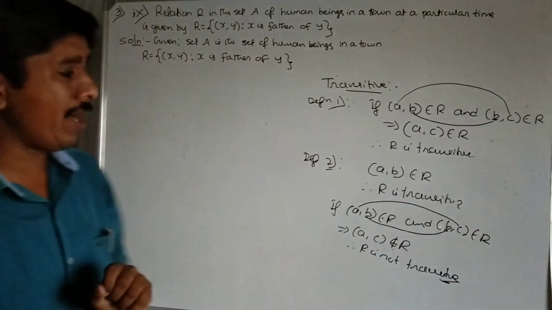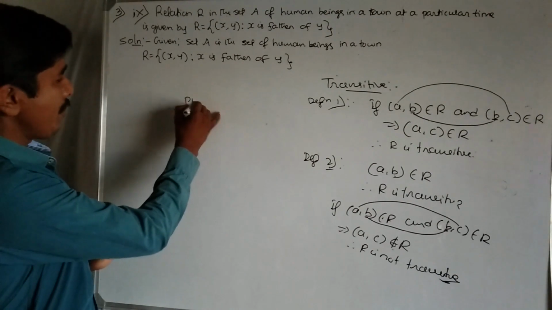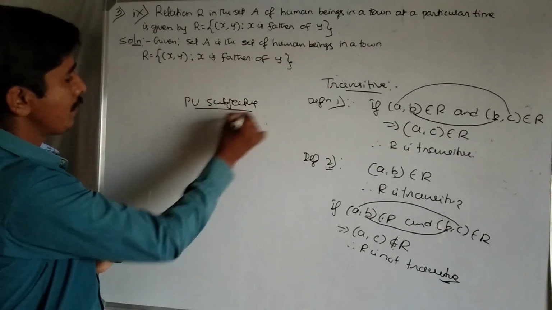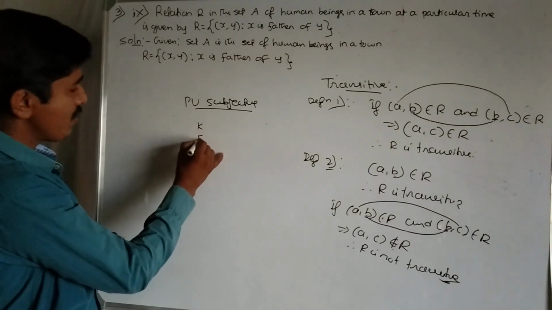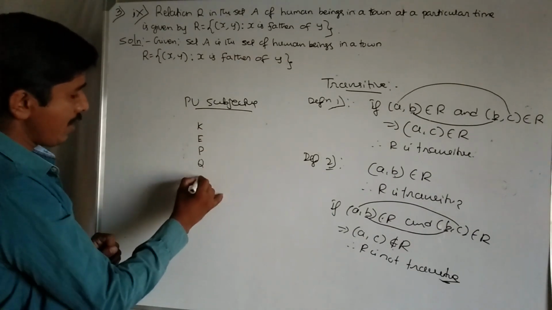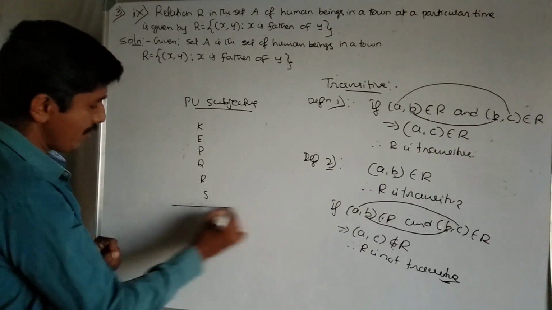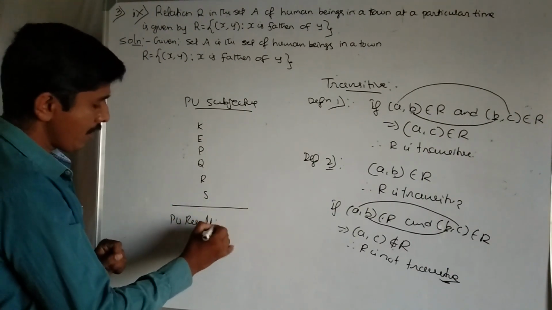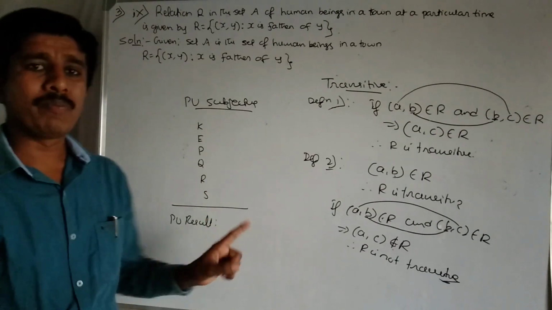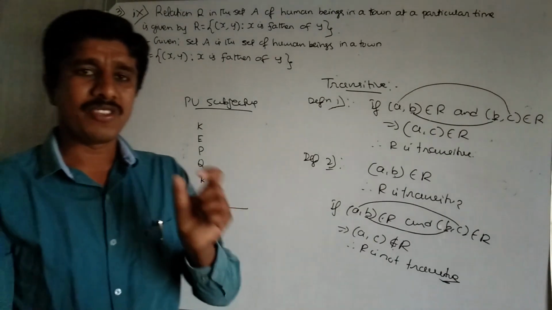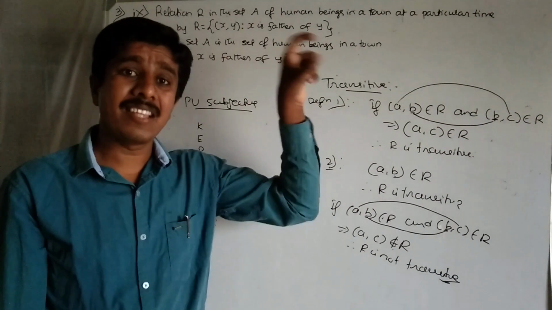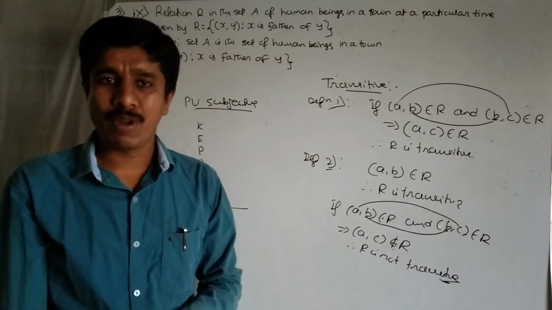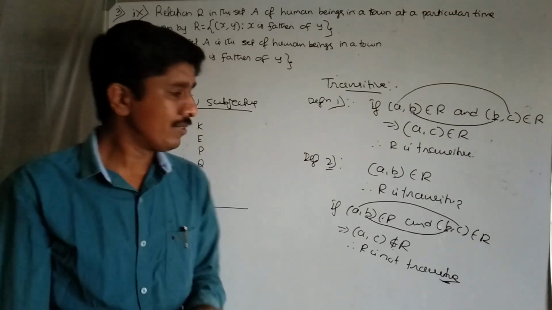Now the general concept, mind it. Suppose I am taking PU subjects, in general: Kannada, English, and suppose P subject, Q subject, R subject, S subject. The PU result: a result will be promoted means a student has passed all these subjects, then we can say the result is promoted, pass; otherwise fail.